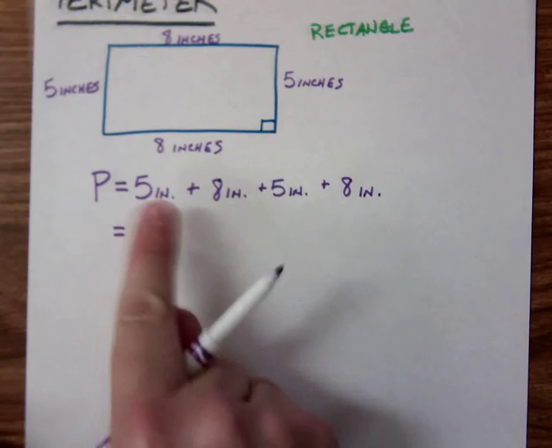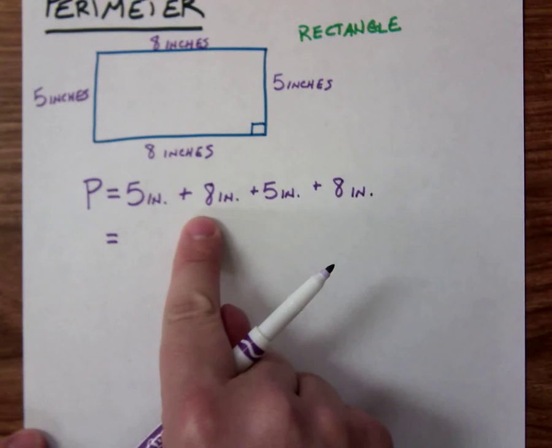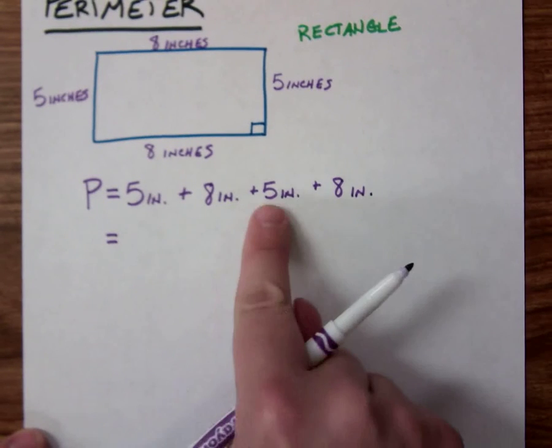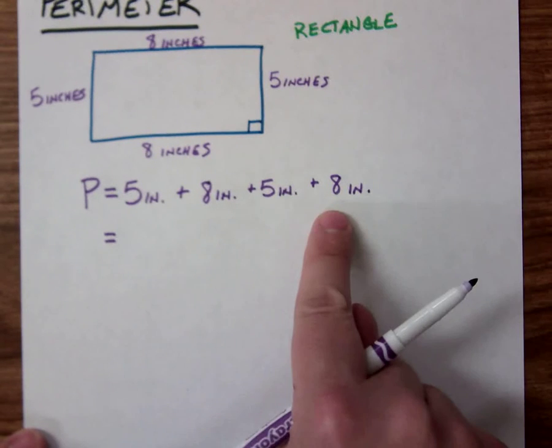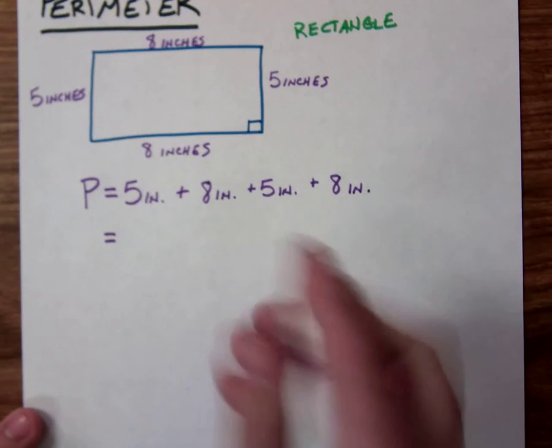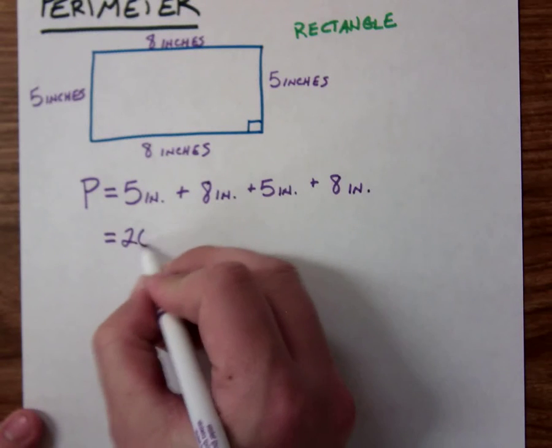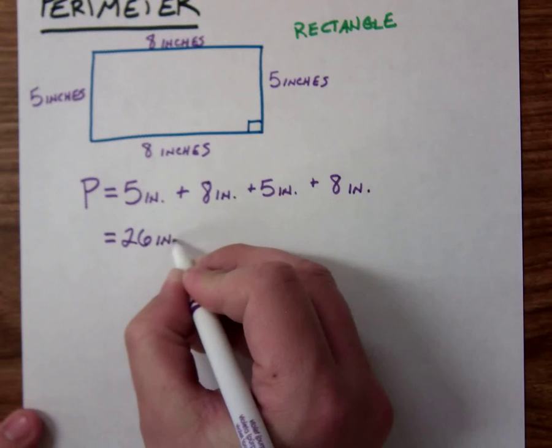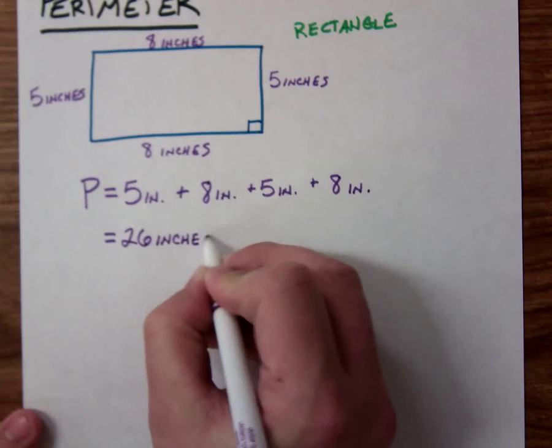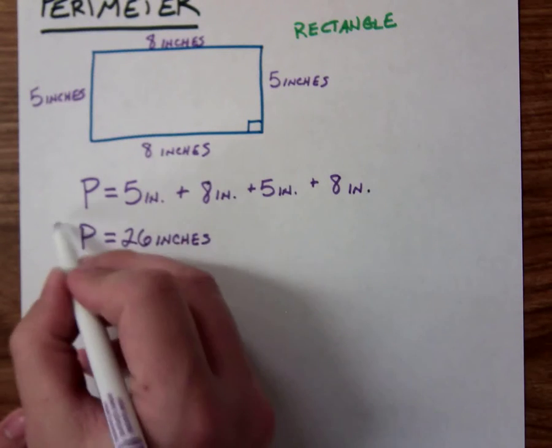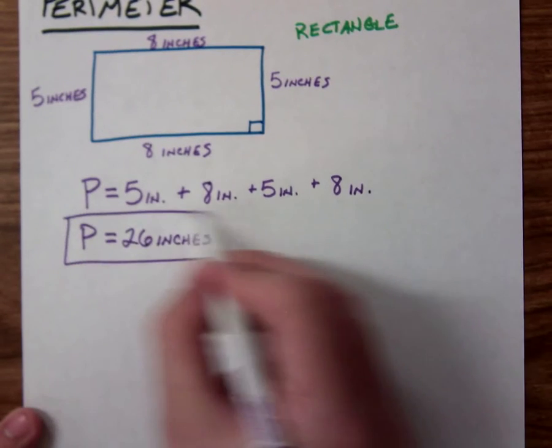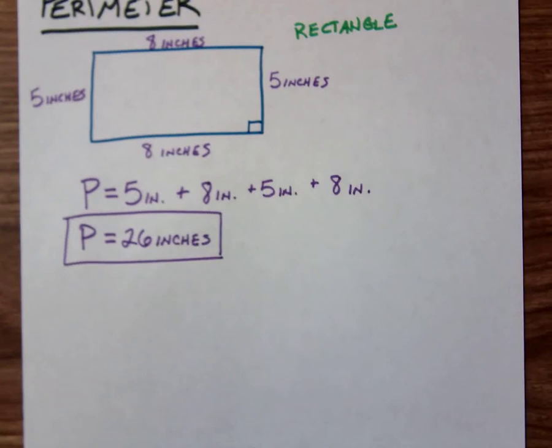So 5 plus 8 is 13. 13 plus 5 more is 18. And 18 plus 8 is a grand total of 26. So the perimeter of this shape is 26 inches. Hey, that's not bad at all.